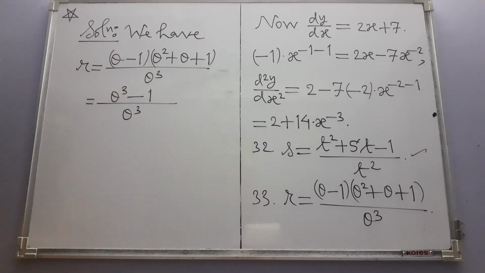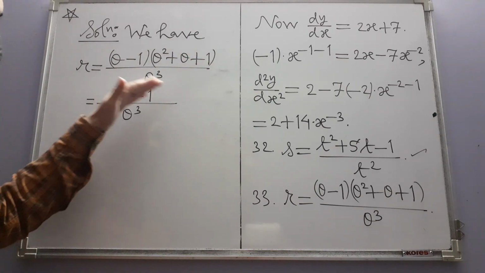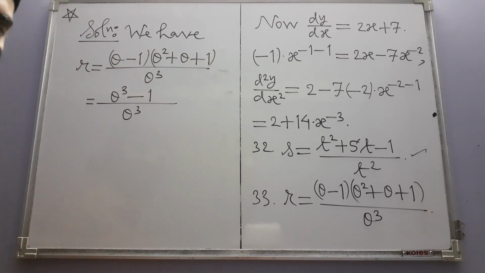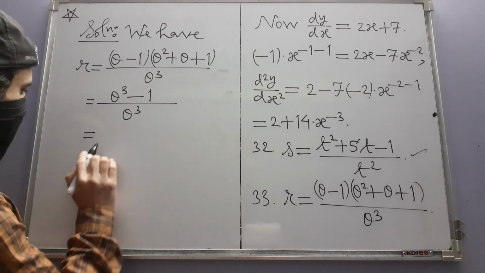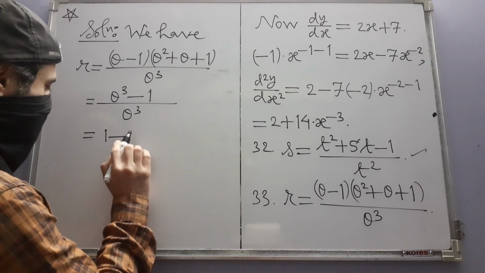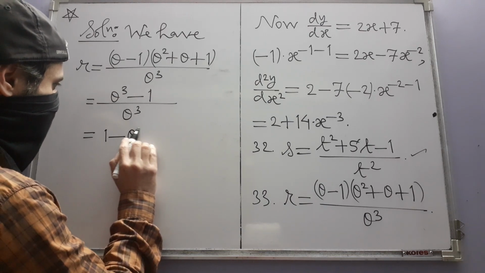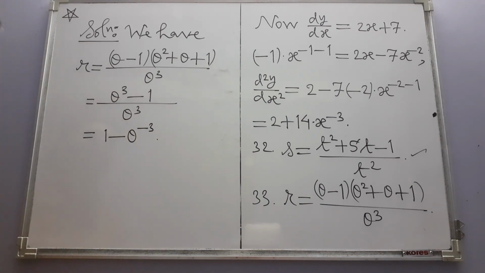If you do not remember this, you can do the multiplication also, and then after some cancellations you will see that you are left with theta cubed minus 1. So this means we have 1 minus theta to the power minus 3.